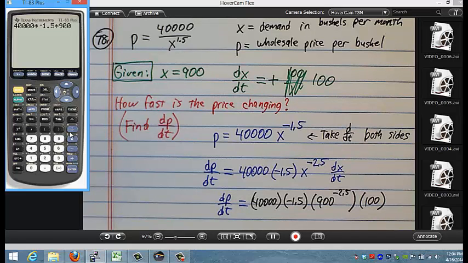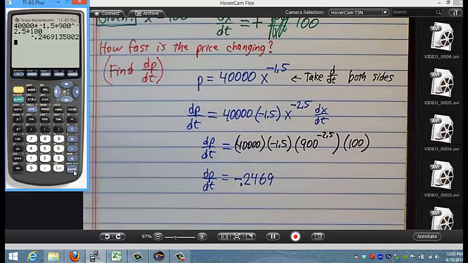I'll hit the caret key for my exponent, and I have negative 2.5, and then times 100. So it says negative 0.2469.